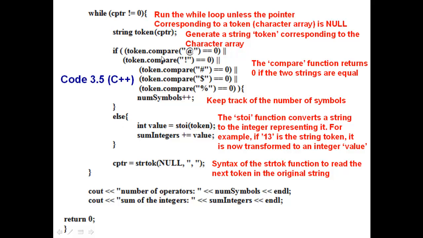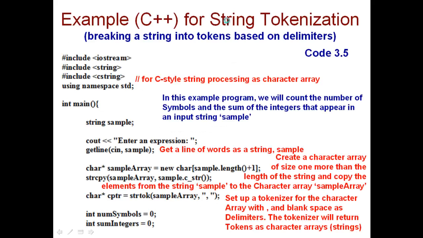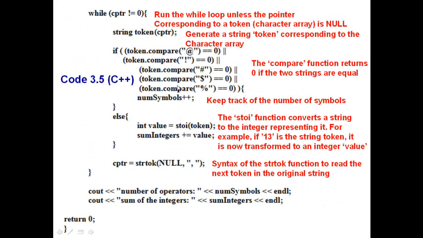Else, that means if it did not encounter a symbol. Now I am assuming here the user enters only an expression that has either integers or any of these valid symbols. That's why I simply have an else block here, where I assume it's going to be an integer. Again, there's an stoi function that is part of the string class you can use to convert the contents of the string to an integer.